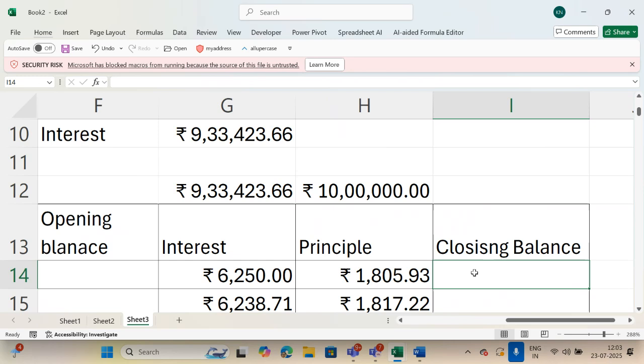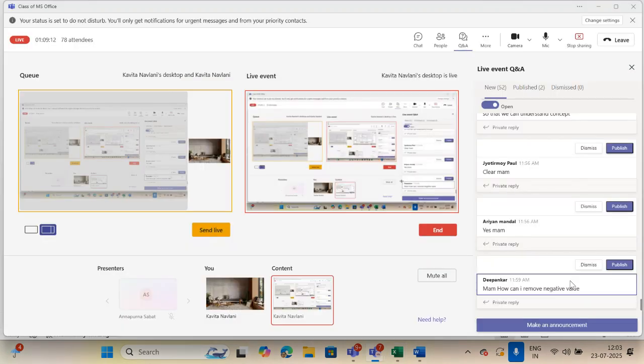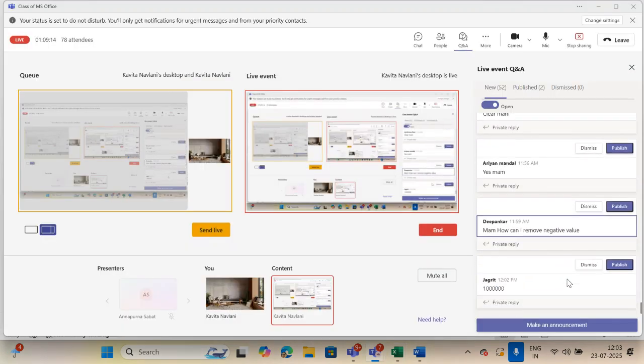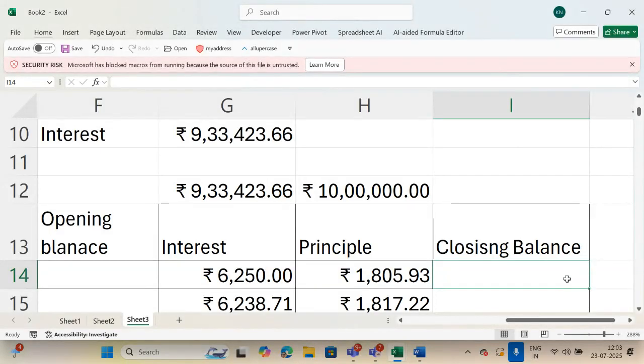So should I move to the next, please? करिए चलिए. I'm moving ahead. 5 minutes I'm giving to you.